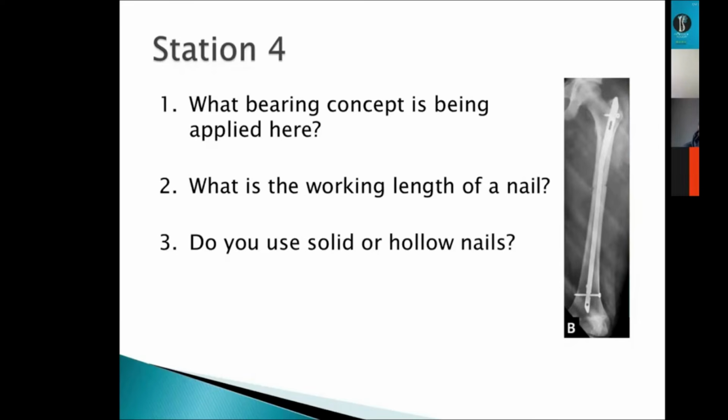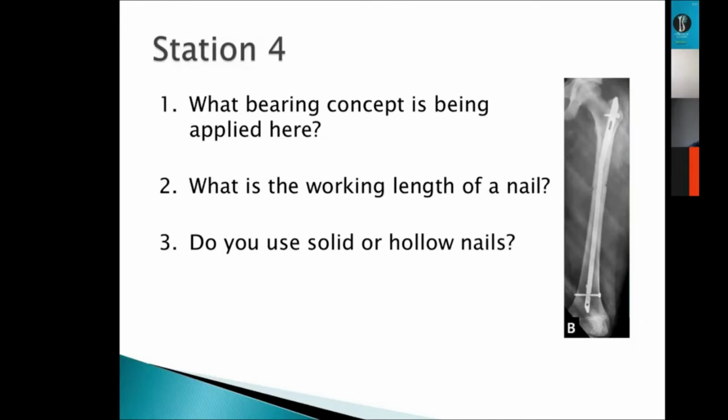The second thing is the working length. If you've got no isthmus contact, then the working length is between the two screws. But if you've got a lot of contact in the isthmus, you've reamed, you put the biggest nail in that you can, then the working length is the contact area there, nothing to do with the screws.